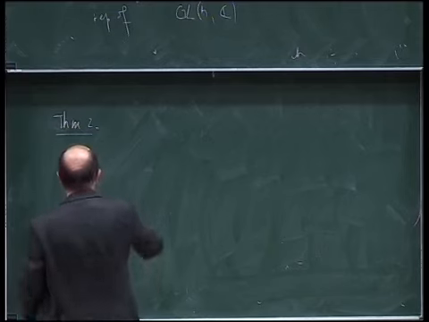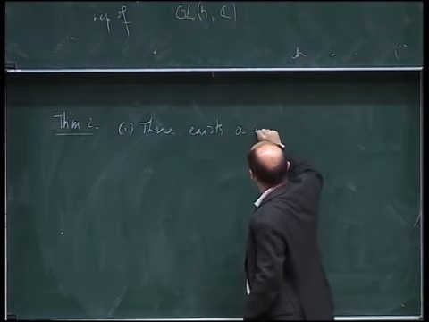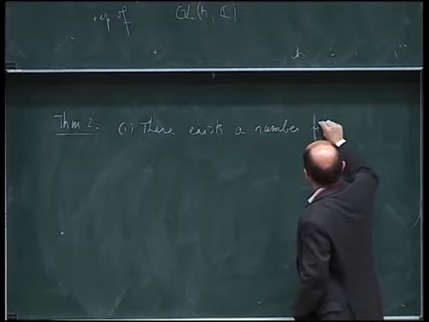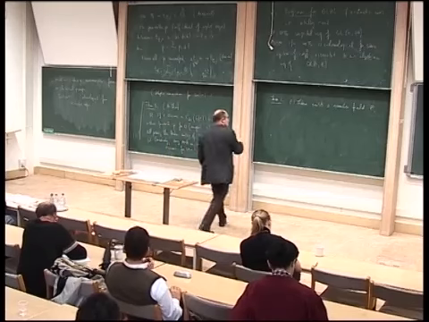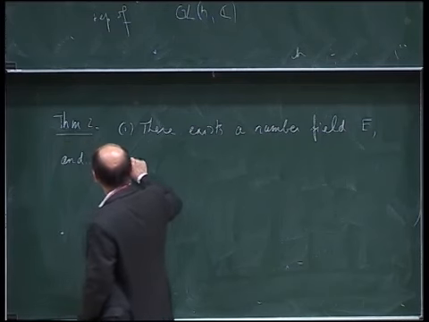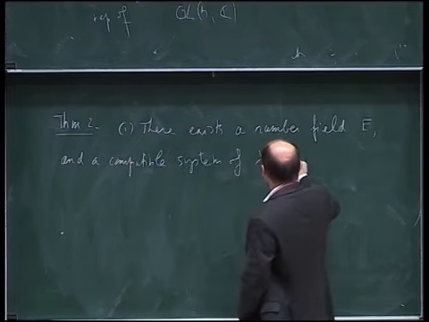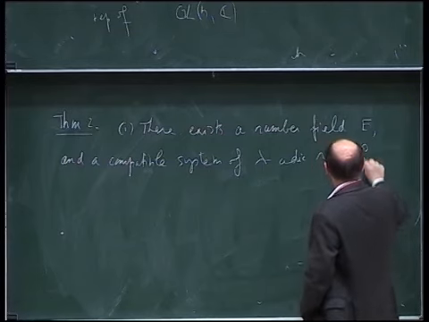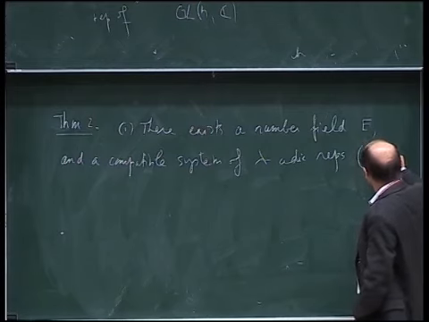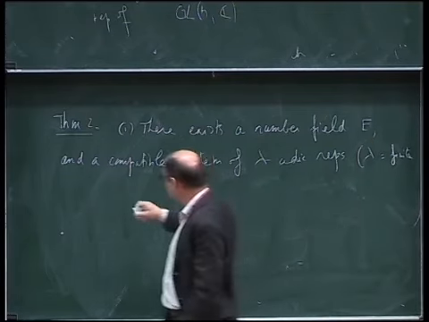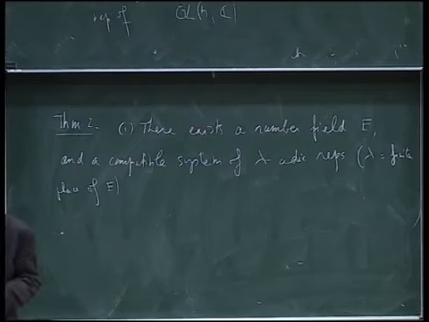First, there exists a number field E and a compatible system of lambda-adic representations, where lambda runs over the finite places of E. Of duality?